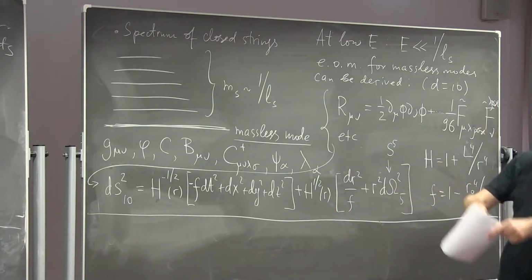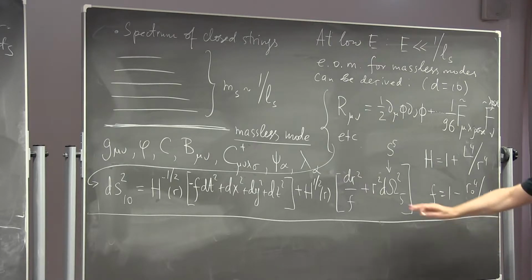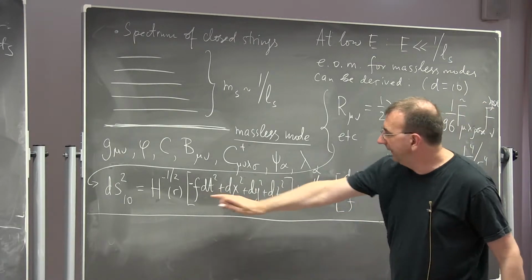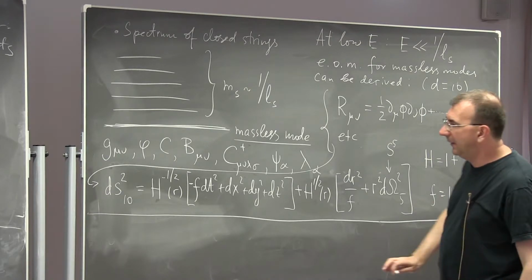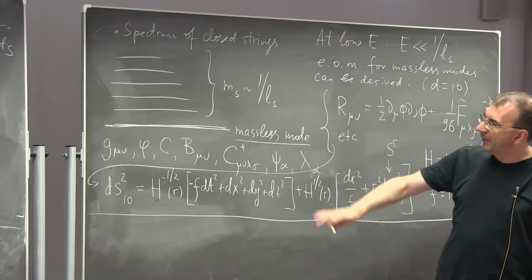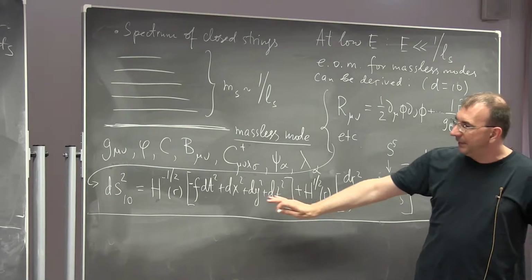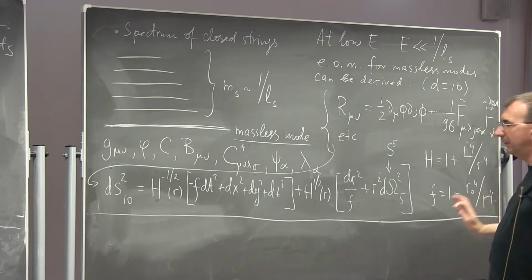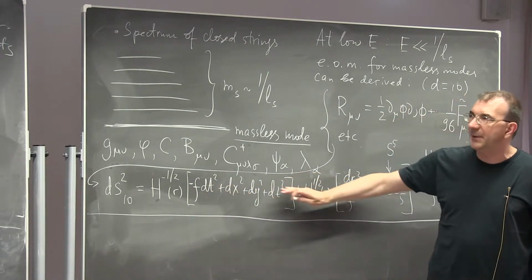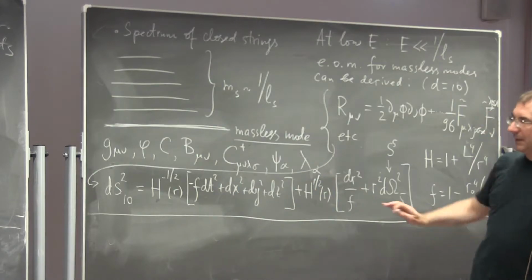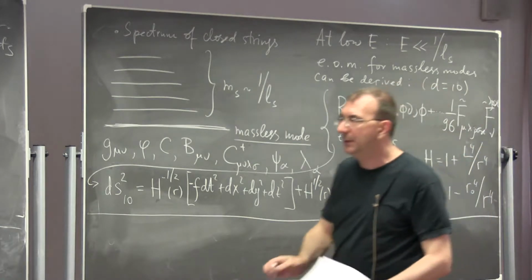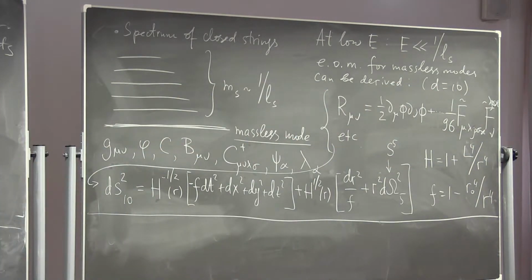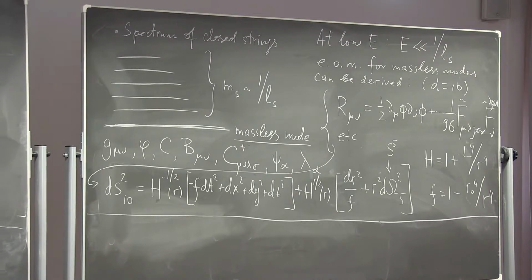But somewhere in the middle, it describes something interesting. It has a horizon, since this function f goes to 0 at the value r equal to r naught, and also some other properties which I won't go into. If I put r naught to 0 for a second, it has Poincare symmetry. If you want to draw this solution, you will get some picture in which you have a translational invariant horizon.